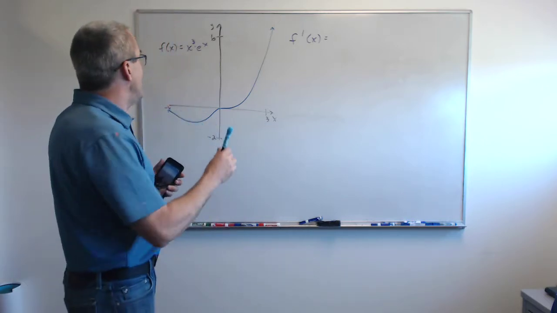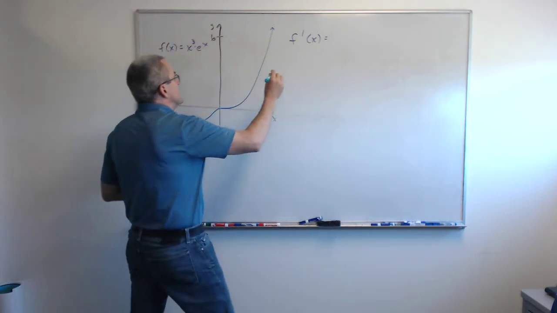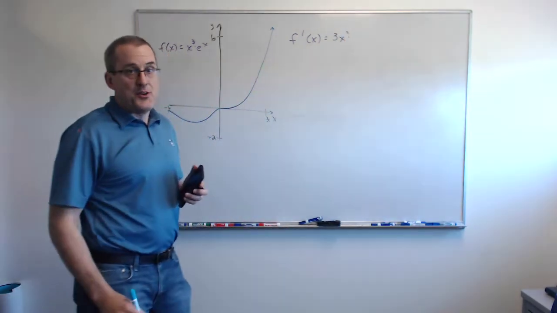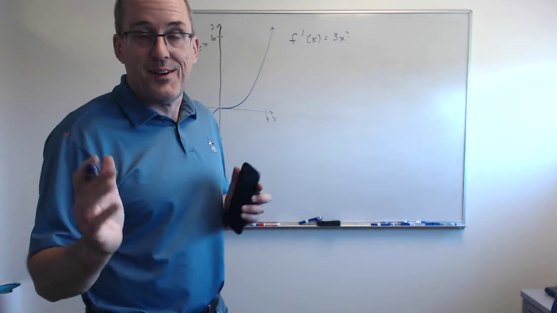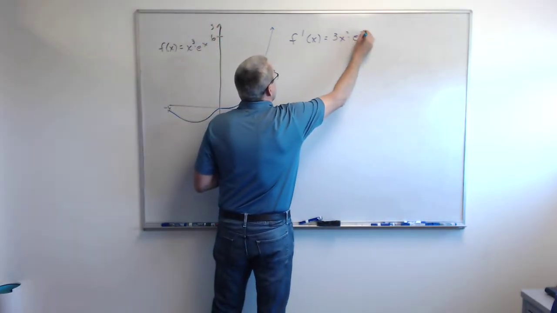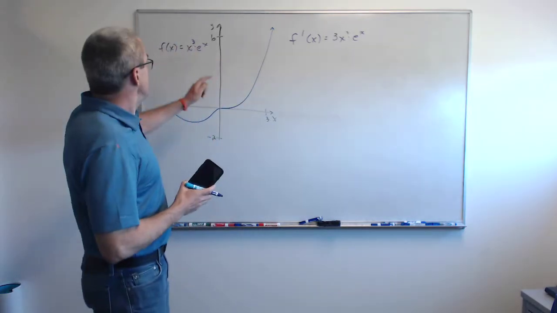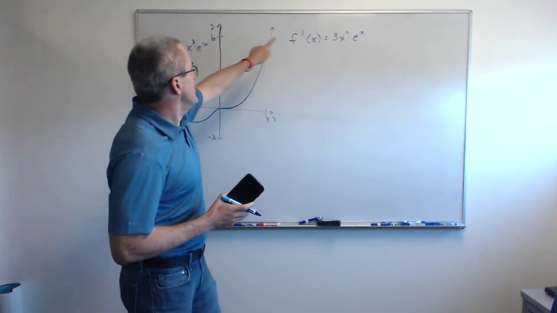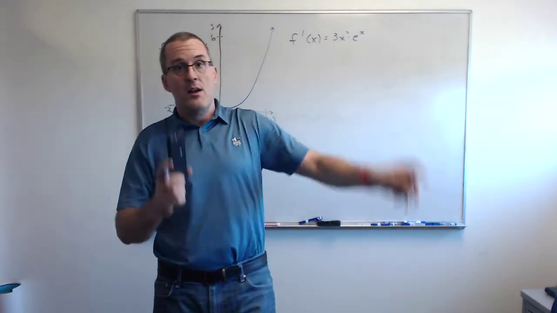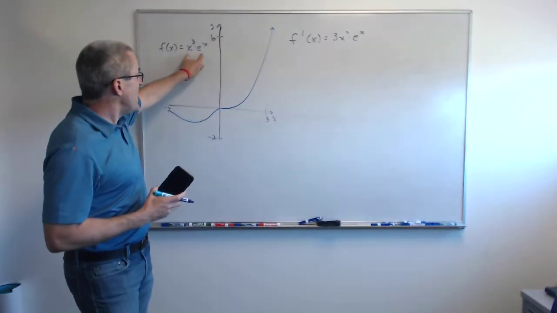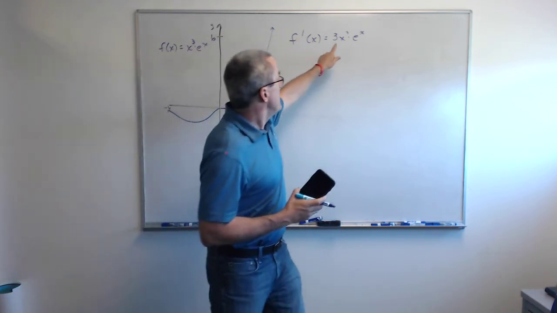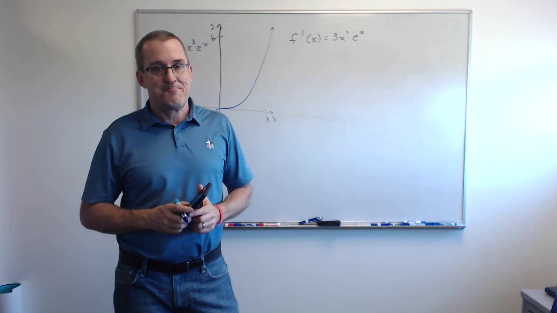The derivative of x cubed would be 3x squared, and the derivative of e to the x is just e to the x. Therefore the derivative of this product, x cubed e to the x, should be 3x squared times e to the x.